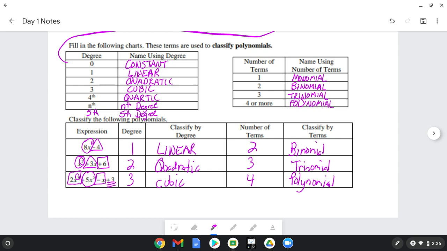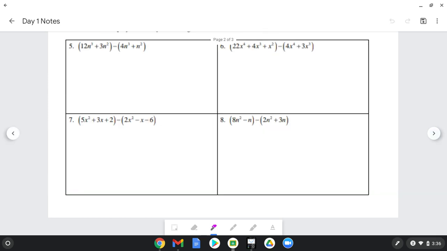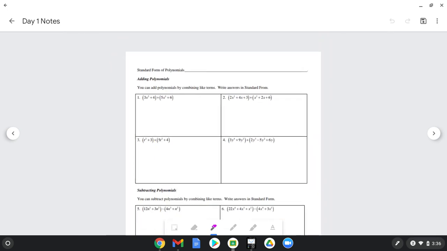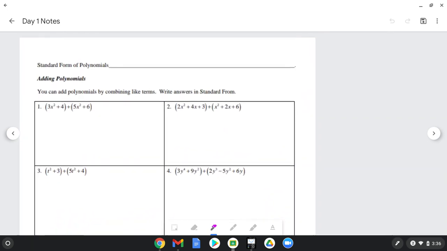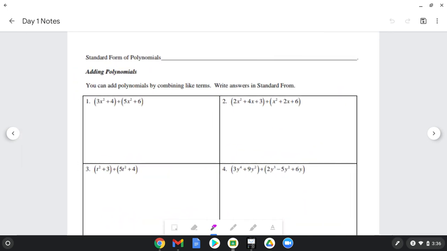Okay, so press pause if you need more time, and then we're going to go on to the next page. The next page is asking us to add or subtract polynomials. When we add or subtract, we want to put them in what's called standard form.